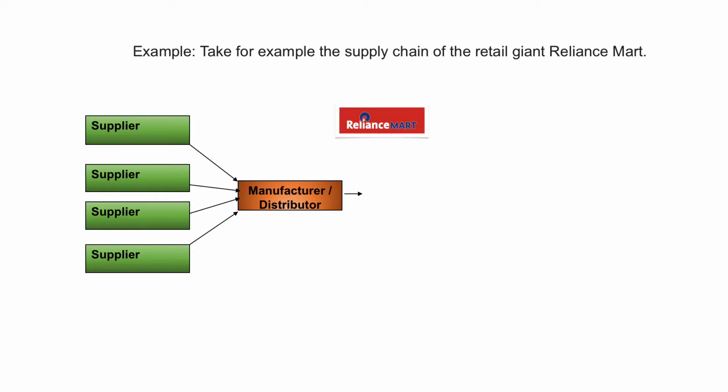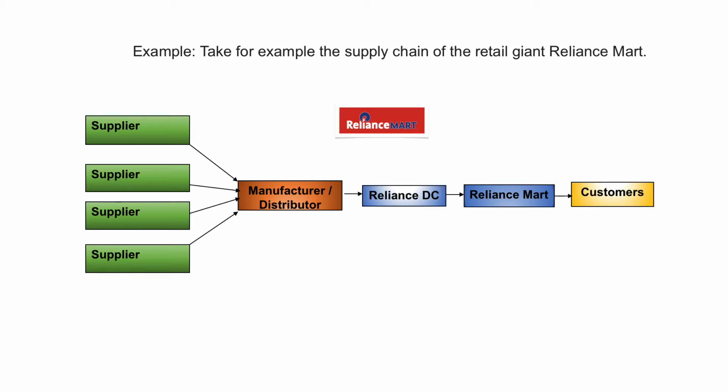Then the central warehouse translates this demand to the upstream members of the supply chain towards the suppliers. This helps the members of the supply chain to plan their manufacturing and supply according to the requirement of the customers at the right time.